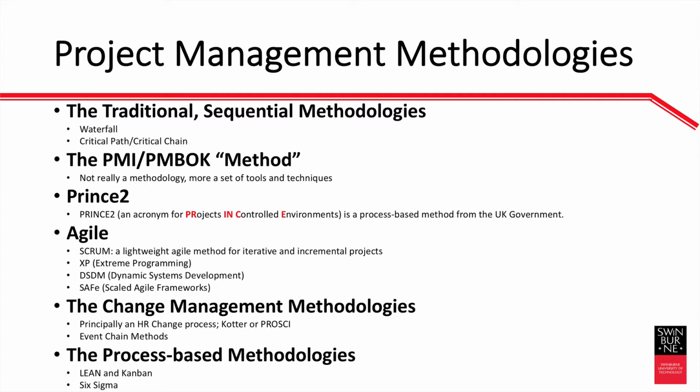And these include waterfall, critical path, PMBOK, PRINCE. These are planned methodologies. And all of these methods are heavy upfront in the planning stages. As I said, the assumption is if only we plan better, the outcome will be better.